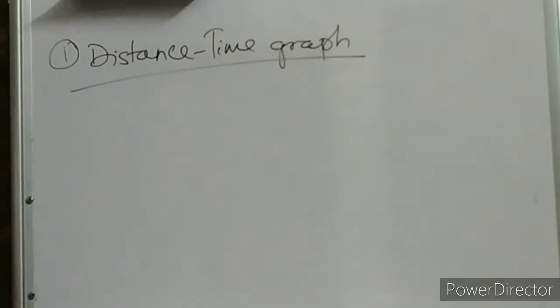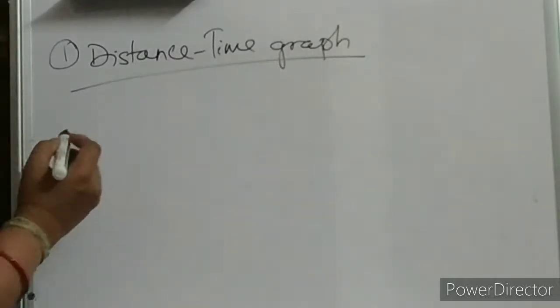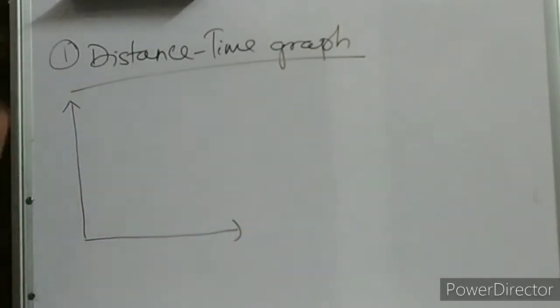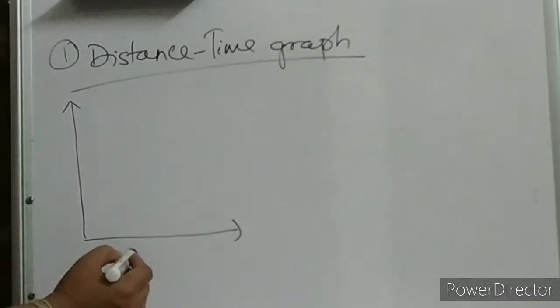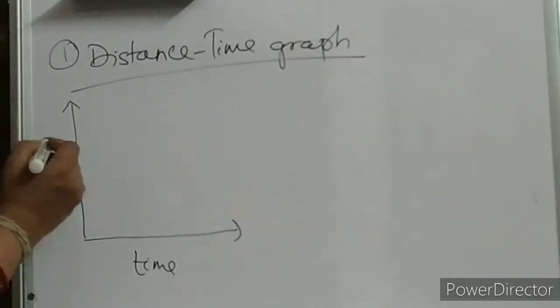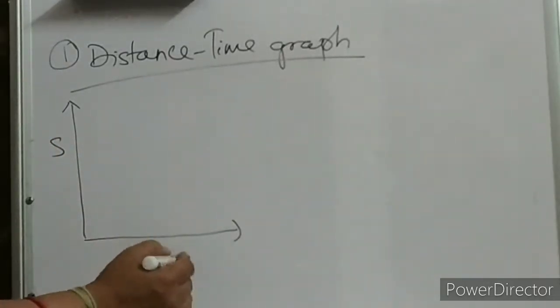So first we will discuss when an object covers equal distance in equal intervals of time. What does it mean? While plotting the graph between distance and time, I will take time on the x-axis and distance, you can say s, on the y-axis.